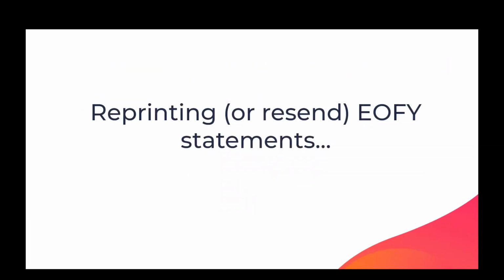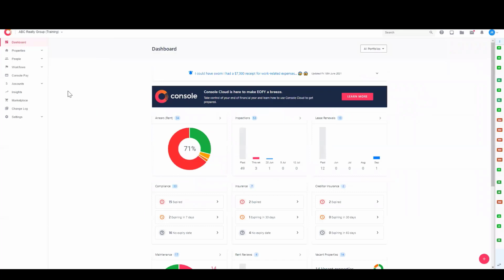So let's have a look at printing or reprinting those financial year statements. You might need to do this if you've corrected information and want to resend or reprint, or perhaps you'd like to do this as a bit of a trial run before your actual financial year itself. What we'll actually do is jump into Cloud now, and I'm going to go to Accounts and select Reports.